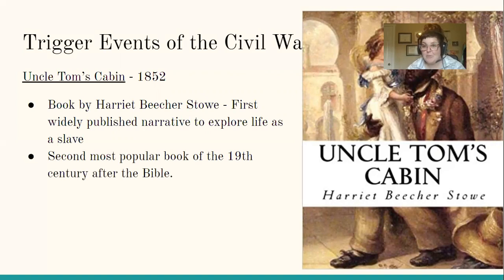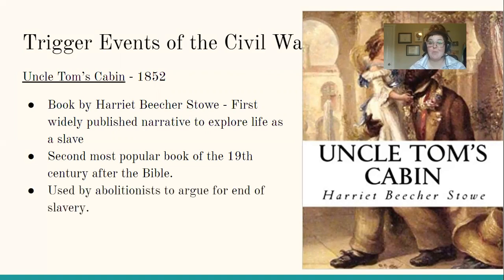This book was enormously popular. It was the second most popular book of the 19th century after the Bible. In the 1800s, millions of people read this book. It was a number one bestseller. It was used as an example by abolitionists to argue for the end of slavery, and was one of the things that contributed to abolition becoming more popular.